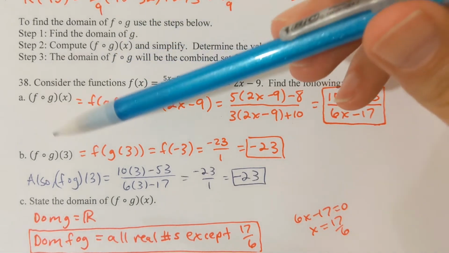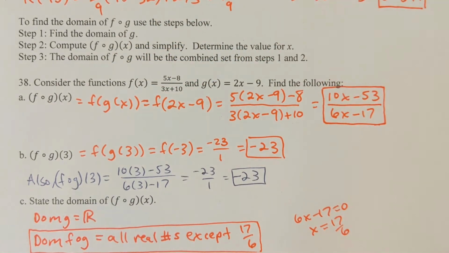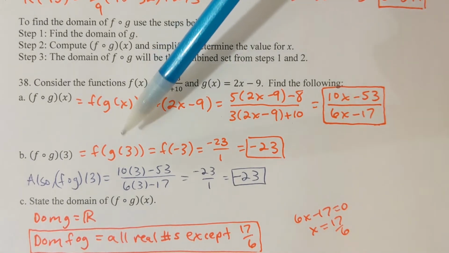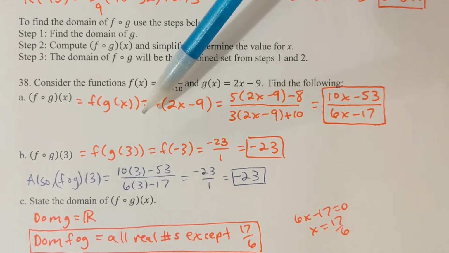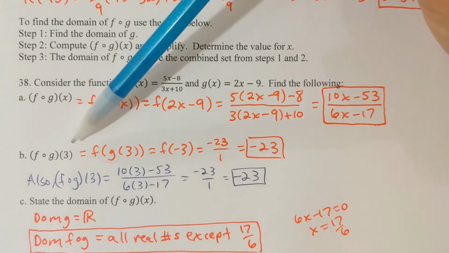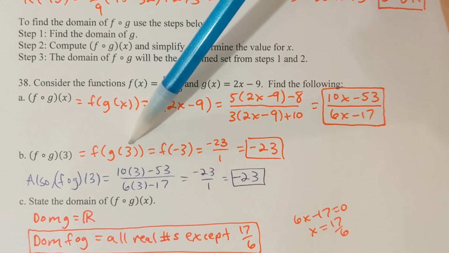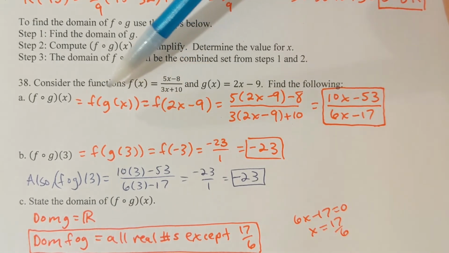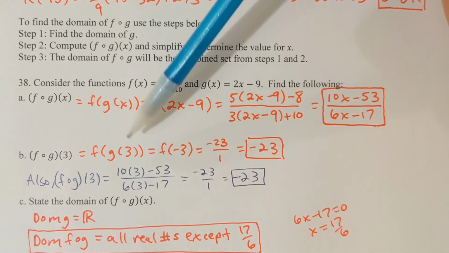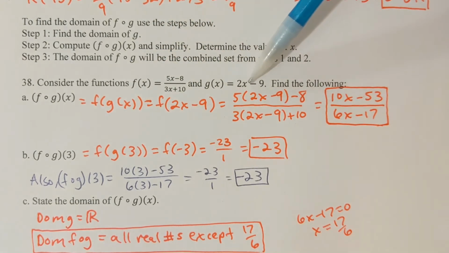And again, like any other function, there's input values and output values. So if I wanted to plug 3 into the composite function, I could recalculate it again like I did with x. F composed g of 3 means that I want to find f of g of 3, just like what I was doing here when it was x. G of 3 is negative 3.